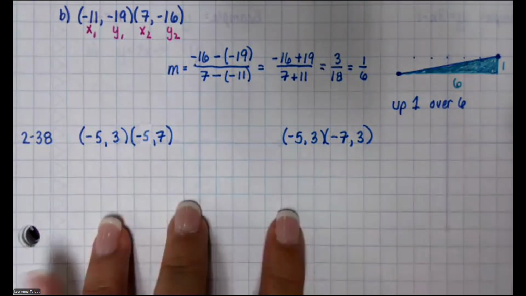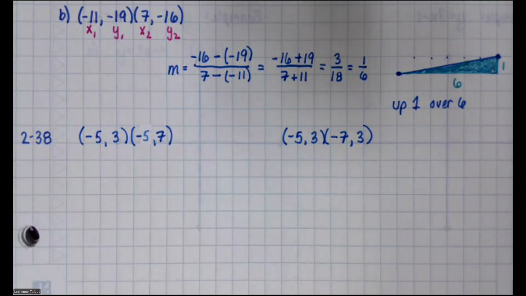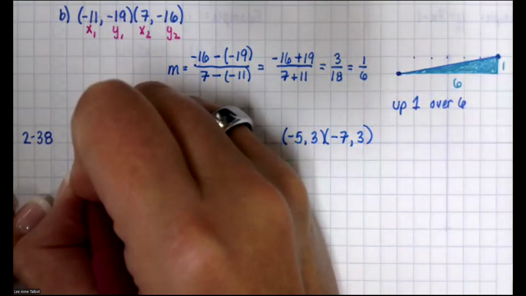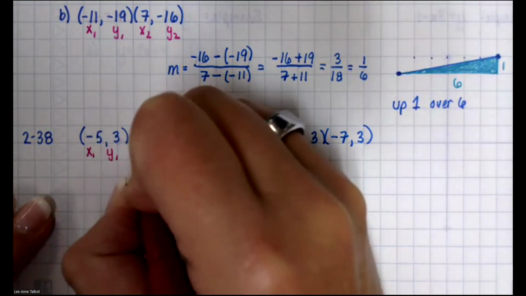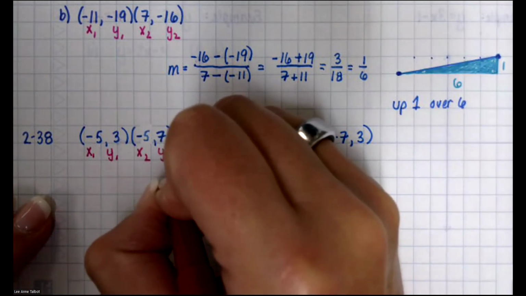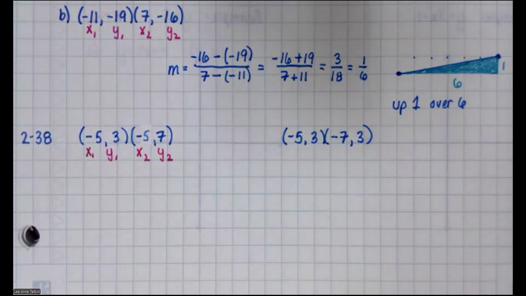I'm gonna do these last two for number 38. These ones are weird ones. These are the weird circumstances. So we're gonna do the formula. We're gonna pretend we don't notice that they're weird, to see what happens. X1, Y1, X2, Y2.